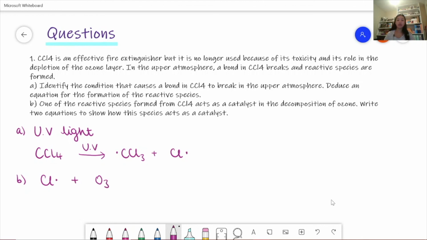And this forms a ClO free radical and also an oxygen. And now the second step is that this ClO free radical then reacts with more of this ozone to form 2 oxygens and a chlorine free radical. And then this chlorine free radical then repeats the process and so starts a chain reaction.